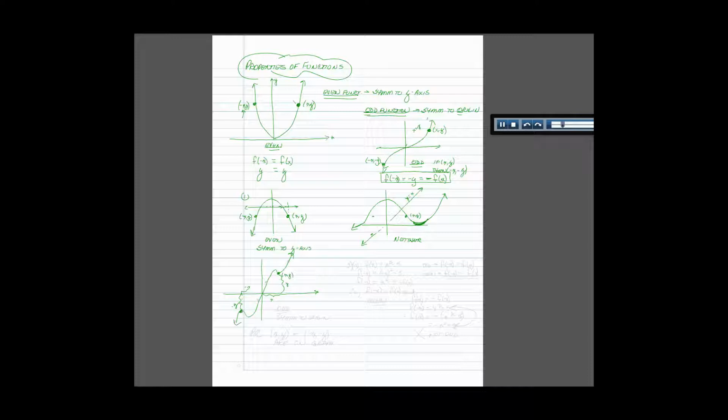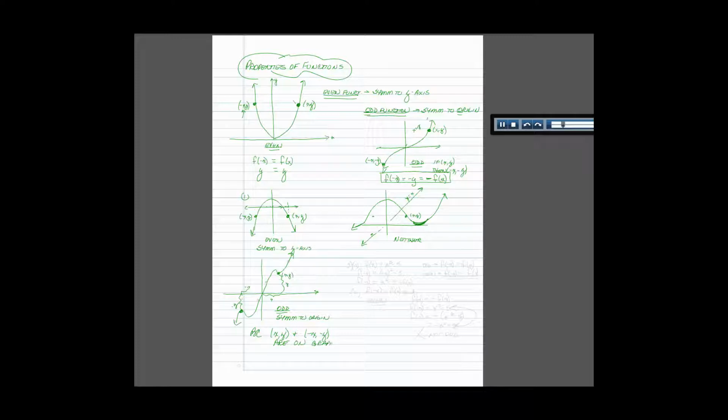And if that point's on there, which it is, then it is symmetric to the origin. So this is odd because it has symmetry to the origin, and also because the point (x, y) and (negative x, negative y) are both on the graph.